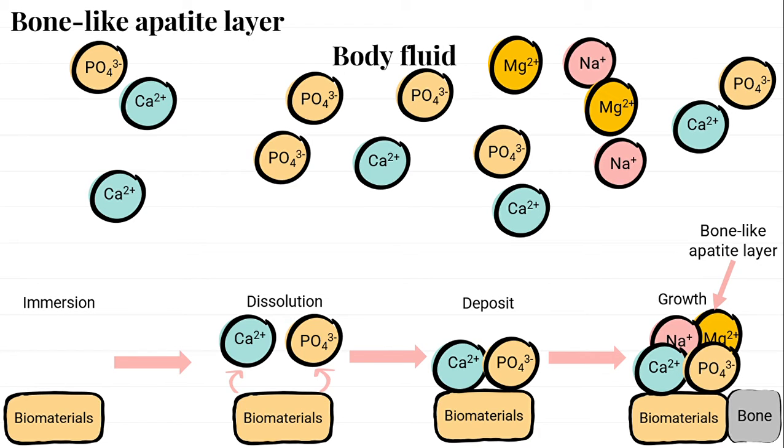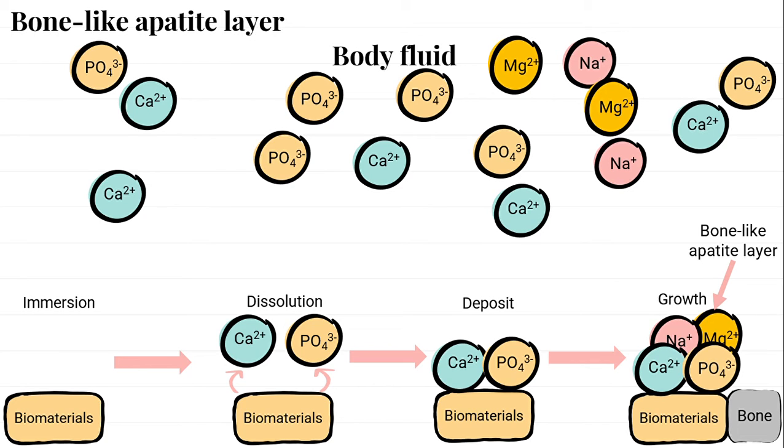The following chart depicts the main interaction of the restorative material. Firstly, after immersion, the dissolution of the material surface will cause supersaturation of calcium and phosphate ions, which can cause the deposition of calcium and phosphate on the surface to create the biological apatite layers.